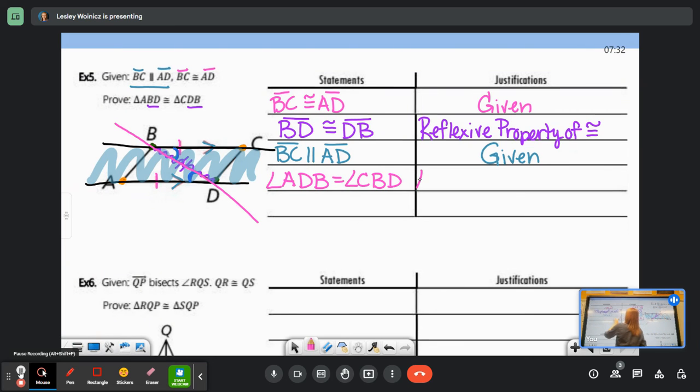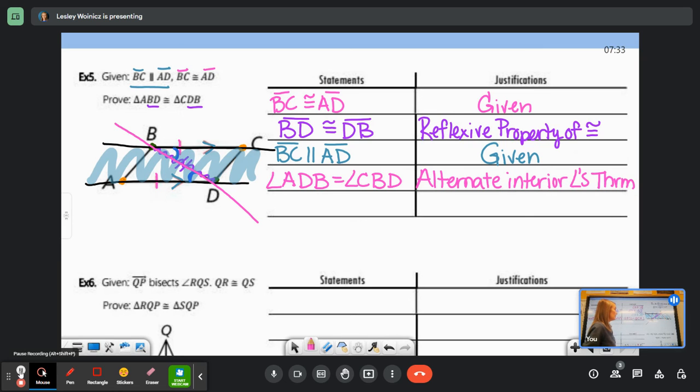Okay, and that is the alternate interior angles theorem. I don't ever remember the abbreviation for theorem, I just write it out.